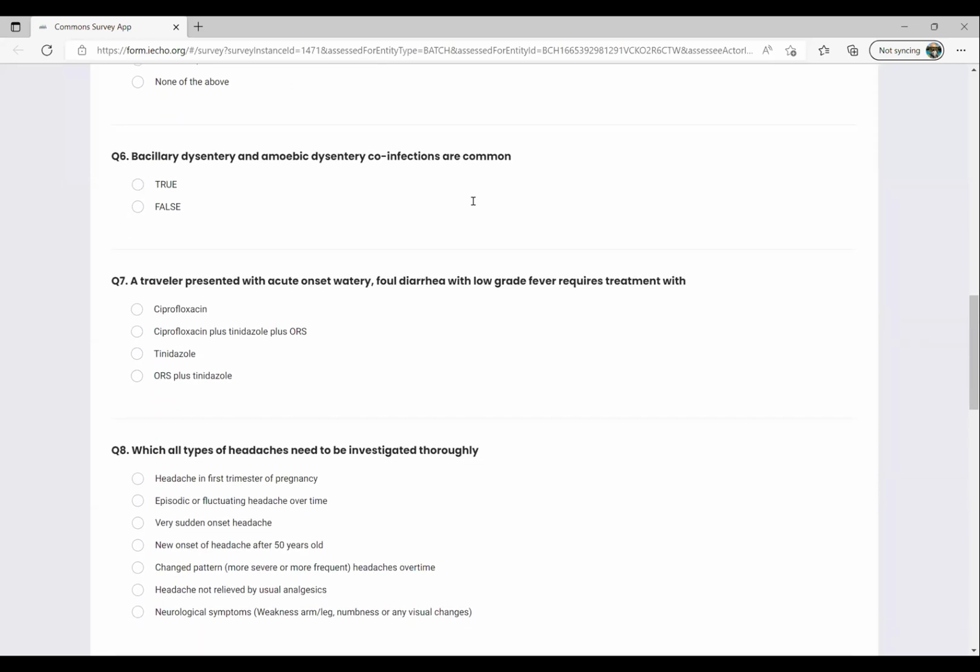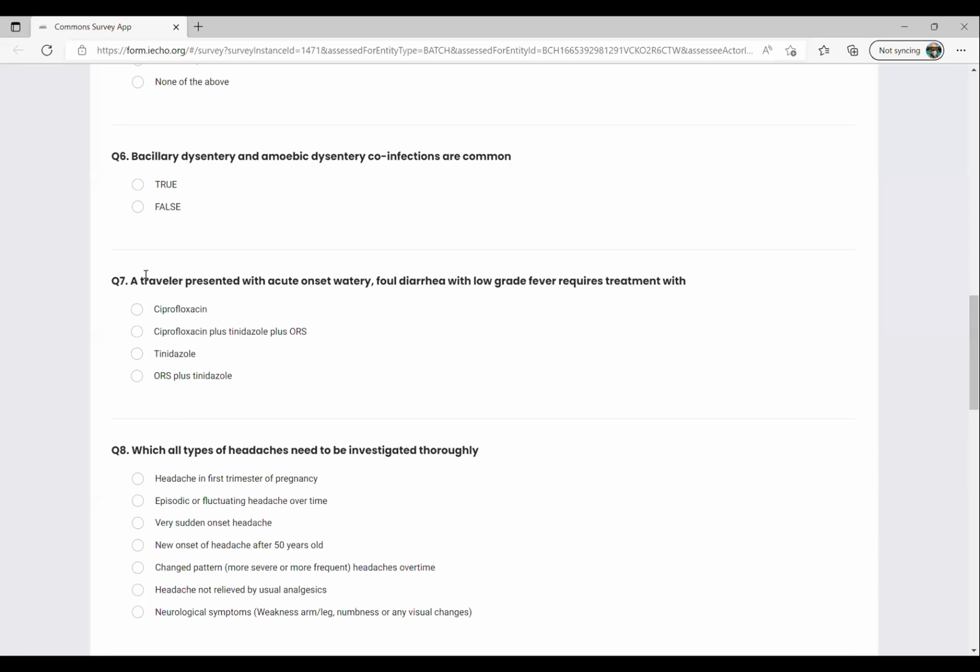Then there is a traveler who presented with acute onset watery foul diarrhea with low-grade fever, and it requires treatment with... the correct choice here is ORS, of course. The mainstay of treatment in diarrhea is oral rehydration or parenteral rehydration, depending on the degree of dehydration, but certainly rehydration is required.